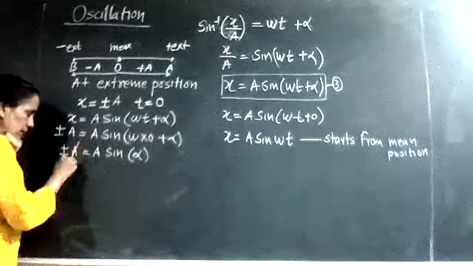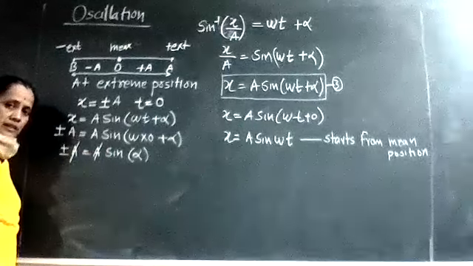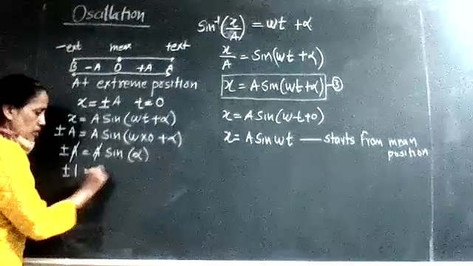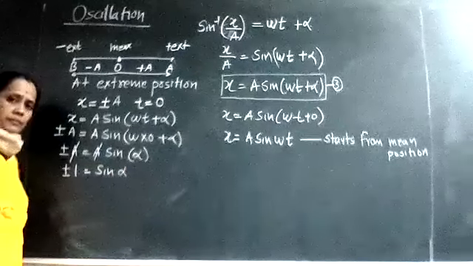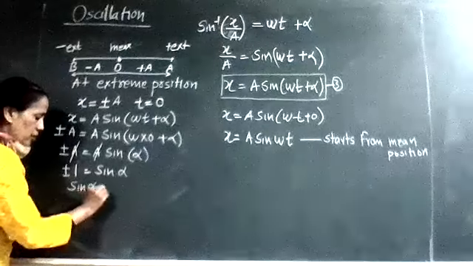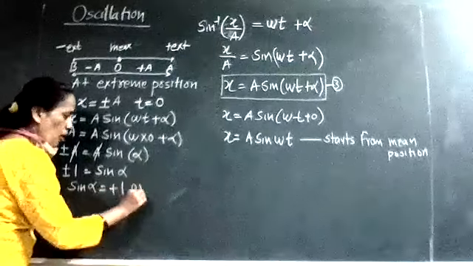Okay, now from both sides this A factor will get cancelled. What is remaining on the left side? Plus or minus 1 is equal to sine alpha. Means sine alpha value is plus or minus 1.